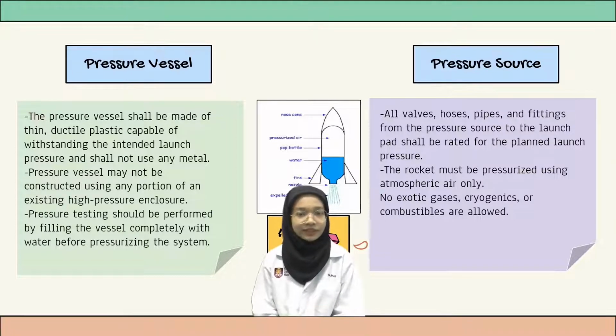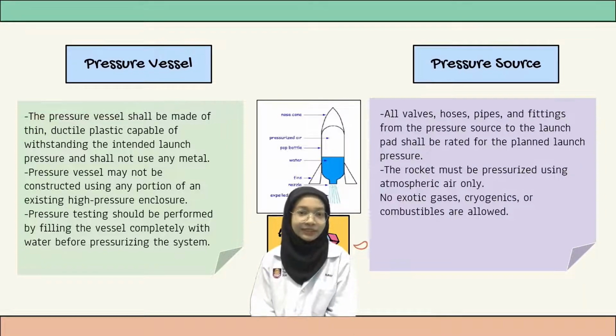Next, the pressure vessel may not be constructed using any portion of an existing high pressure enclosure. Pressure testing of all rocket pressure vessels should be performed by filling the vessel completely with water before pressurizing the system. It is also recommended that a protection barrier be deployed to minimize projectiles being ejected from the testing area if the vessel bursts.